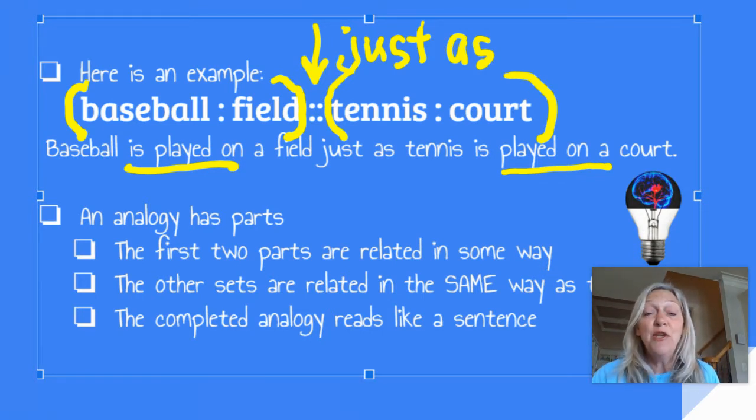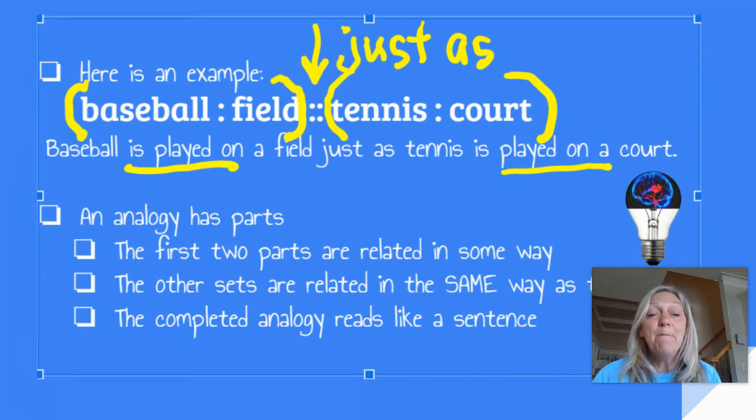Just like when you do an equation in math, you want the left-hand side of the equation to equal the right-hand side of the equation. And with an analogy, you want the left-hand side of the equation to have the same relationship as the right-hand side.